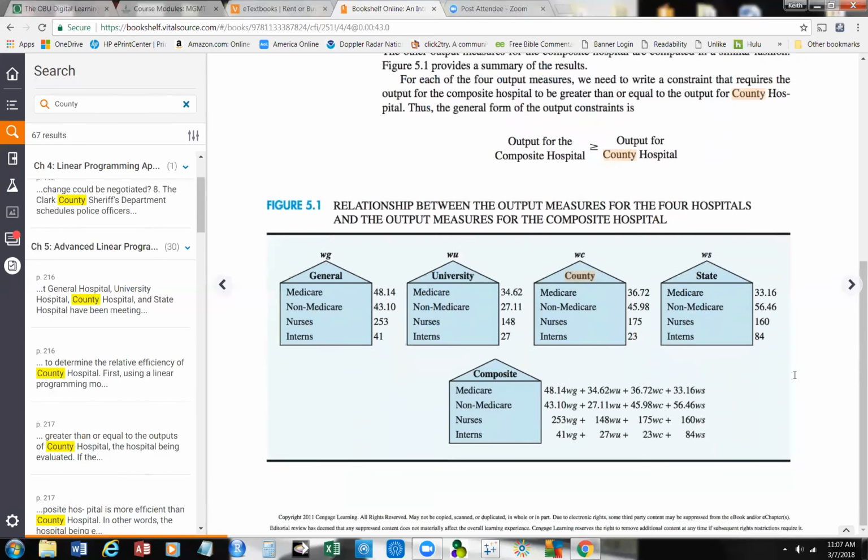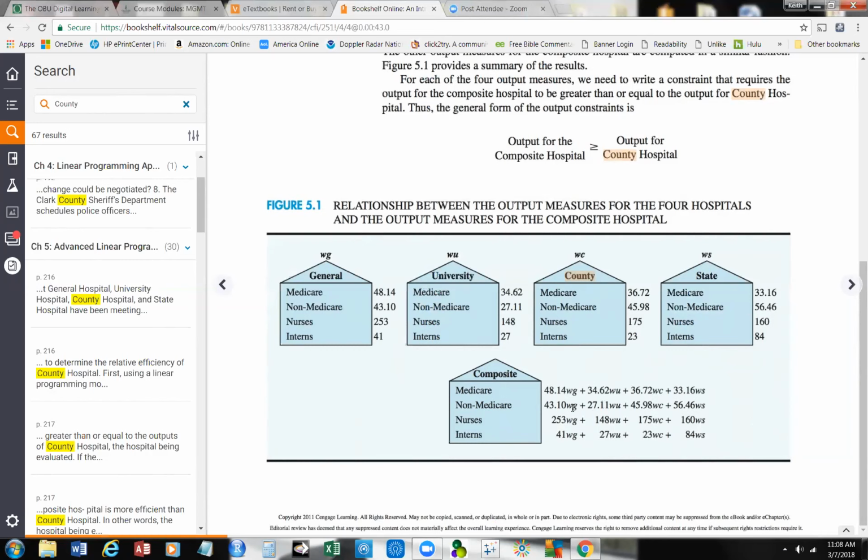Now this is a very nice figure, a schematic that shows you all of the output measures and then the composite, and you'll notice that it takes from each of these: the Medicare, the non-Medicare, the nurses, and the interns.